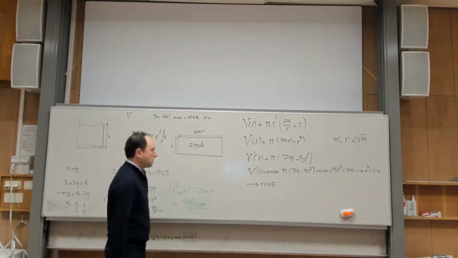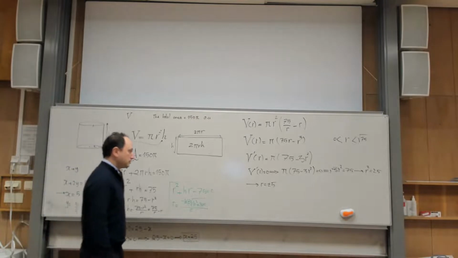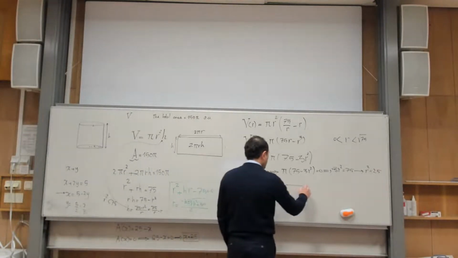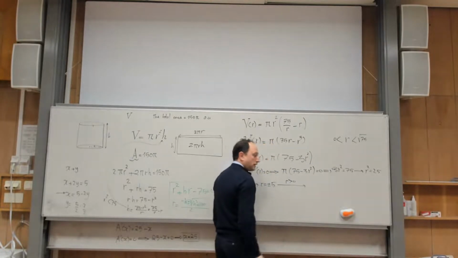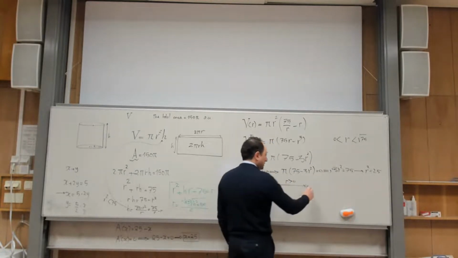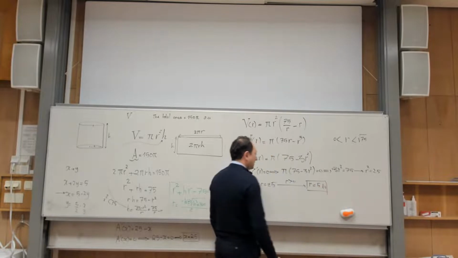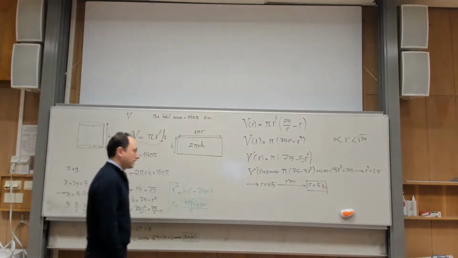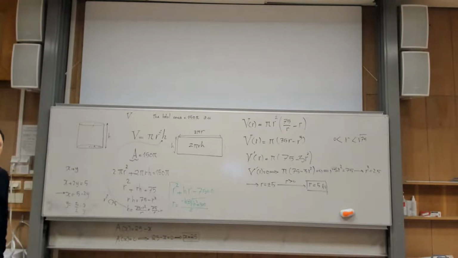But of course, minus 5 is not acceptable because radius cannot be negative. So r is positive, or you can say that because r is in this interval, I ignore the negative value, and then I get 5. And r is a radius, so let me write the length unit here. By the way, be careful about writing the units when you are doing practical problems. So r is 5 length units.